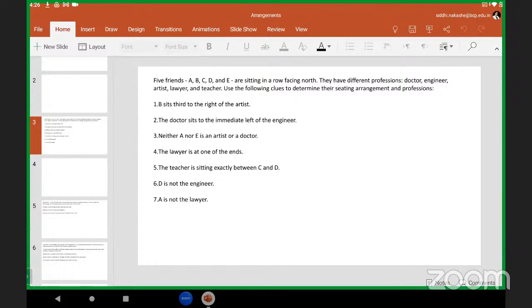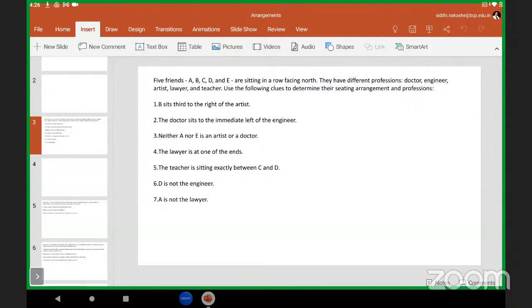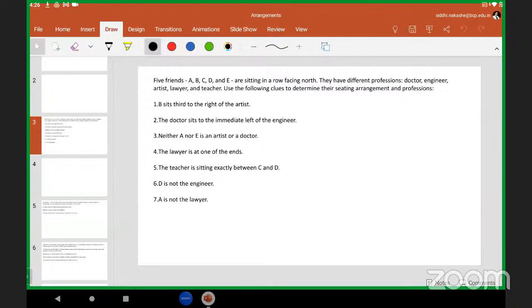Okay, so let us start with the first puzzle, which is facing north. We have only one condition given, facing north. Let's start with the first condition that is given.